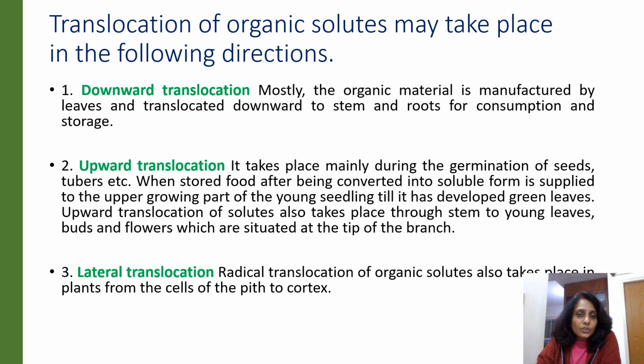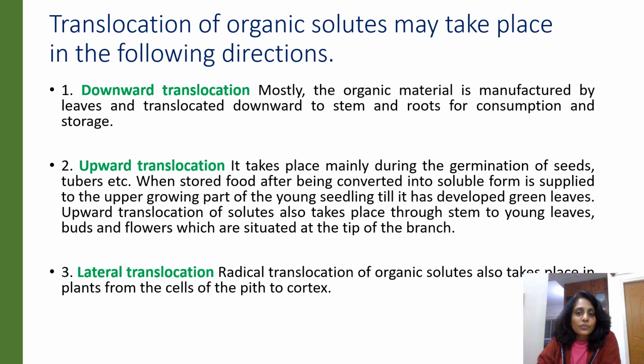In downward translocation of solutes, the organic material is manufactured by the leaves and translocated downward to the stem and roots for consumption and storage. While in upward translocation, it mainly takes place during the germination of seeds or tubers, when stored food, after being converted into soluble form, is supplied to the upper growing part of the young seedling till it has developed green leaves.